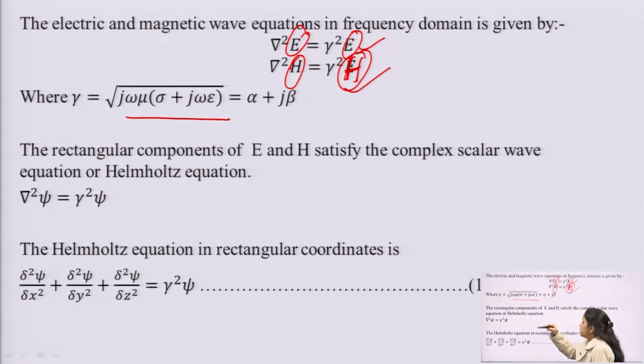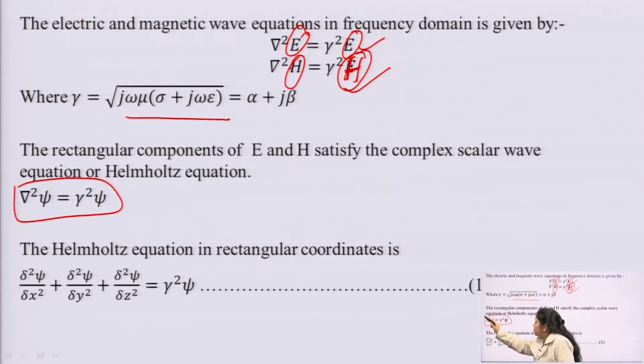The general expression for any wave equation is given by del square psi is equal to gamma square psi, which is the Helmholtz equation. And when we write it in rectangular coordinates, it can be written as del square psi upon del x square plus del square psi upon del y square plus del square psi upon del z square is equal to gamma square psi.